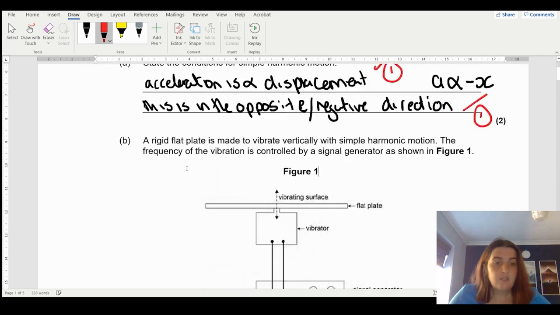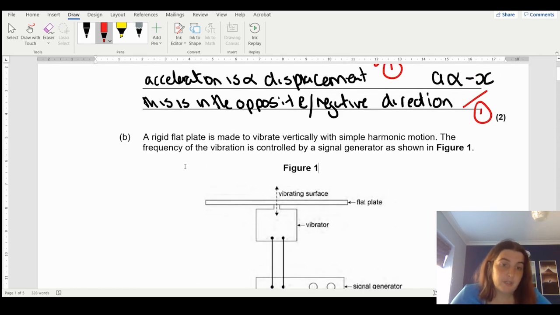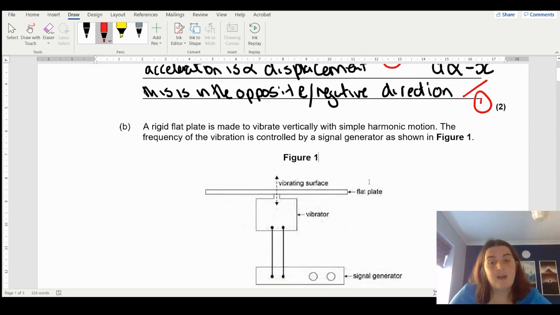Okay. So the next question, a rigid flat plate. That's a standard question. This is when you get a situation. So a rigid flat plate is made to vibrate vertically, so it's something that's bouncing up and down with simple harmonic motion. The frequency of the vibration is controlled by a signal generator, found in figure 1.